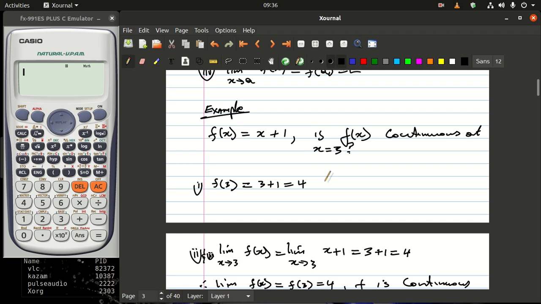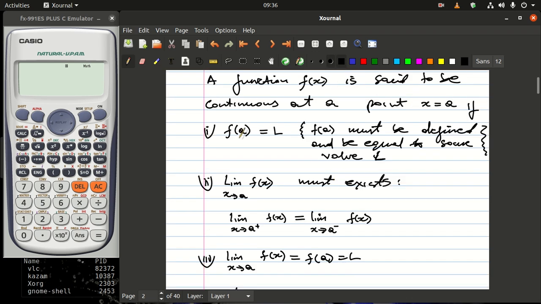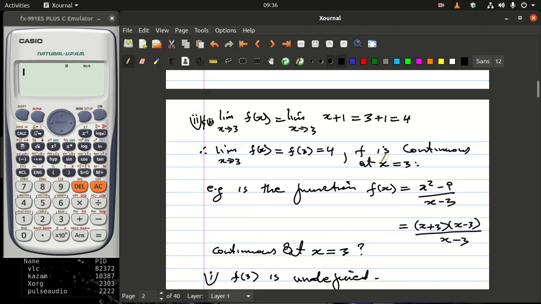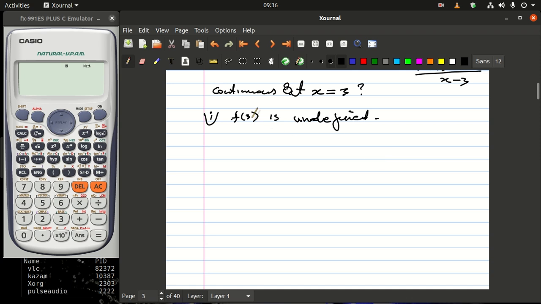Let's go back. Condition number 1: we want f of x to be defined and be equal to some value L. Here, f of 3 is undefined. Because this one condition is not satisfied, you don't have to check the other conditions.